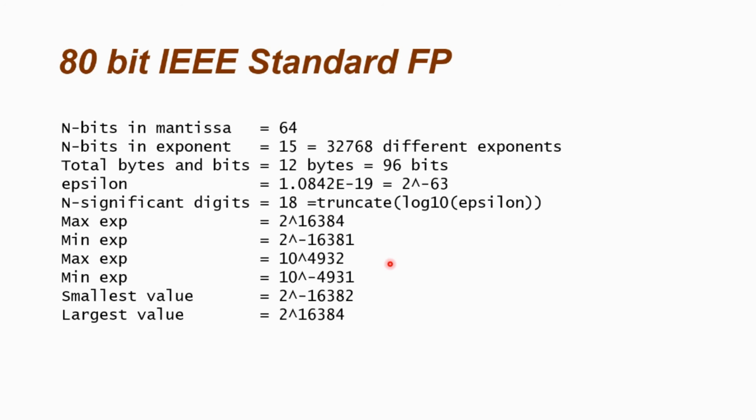So if you are ever doing any calculation where you want to use a larger range of exponents, you need the 80-bit IEEE standard. Otherwise, the 32-bit and the 64-bit IEEE standards should be more than sufficient for most of your work on most of your programs.